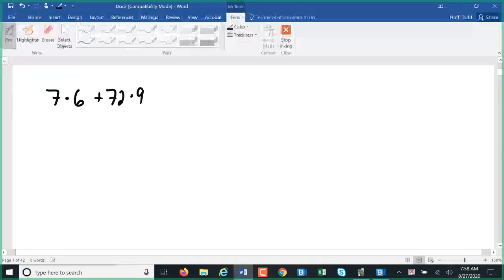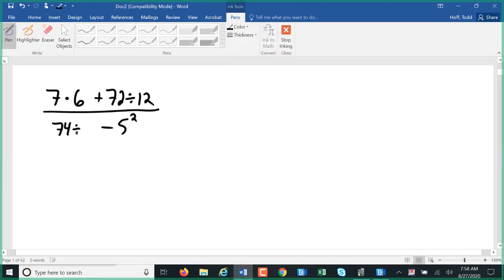Something like 7 times 6 plus 72, we want 72 divided by 12, over 74 divided by 2 minus 5 squared.